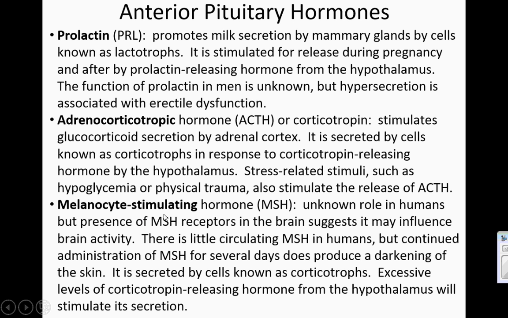Corticotropes also secrete the MSH hormone. This hormone is released in response to corticotropin releasing hormone by the hypothalamus. Okay. Cortisol is the actual hormone, which also has cort in it. It is your stress hormone. So any stress-related stimuli causes the release of this hormone.